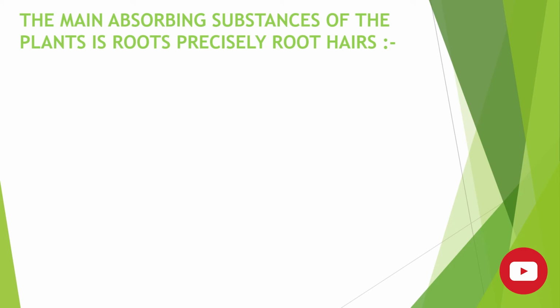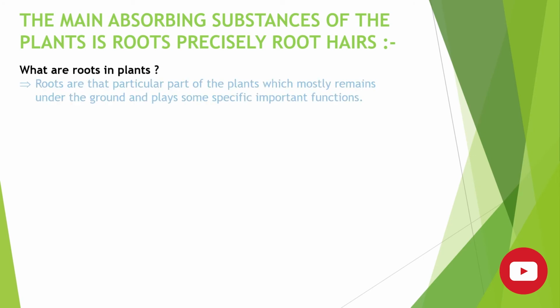Now, what are roots? Going for the definition, what are roots in plants? Roots are that part of the plant which mostly remains under the ground and plays some specific important functions. Suppose this is the bottom of a plant, and it has a root system like this.